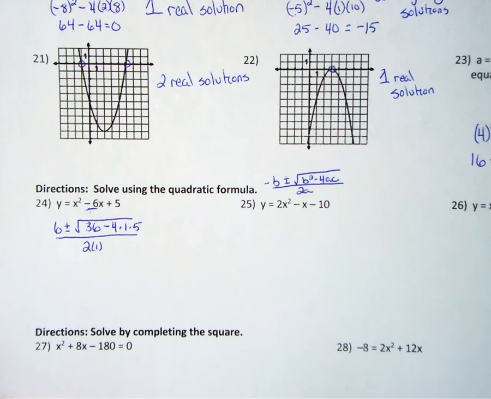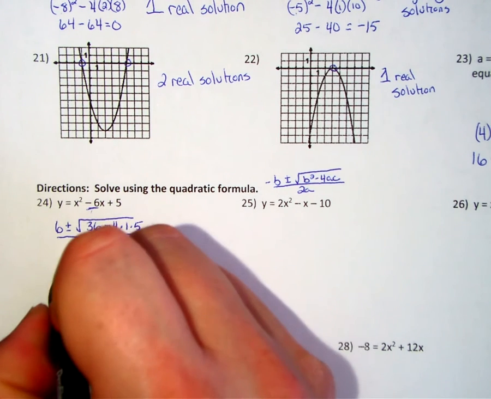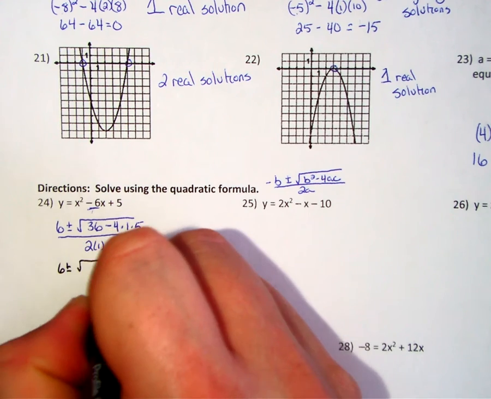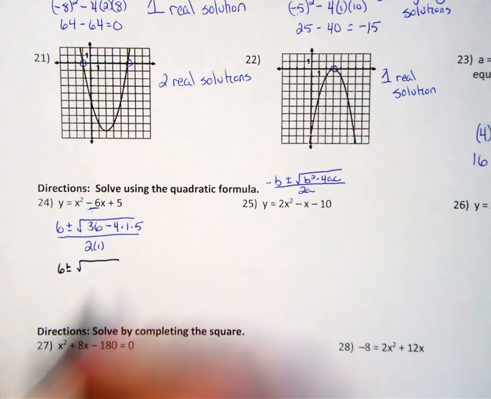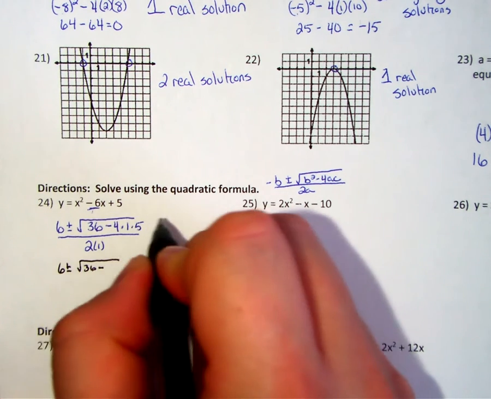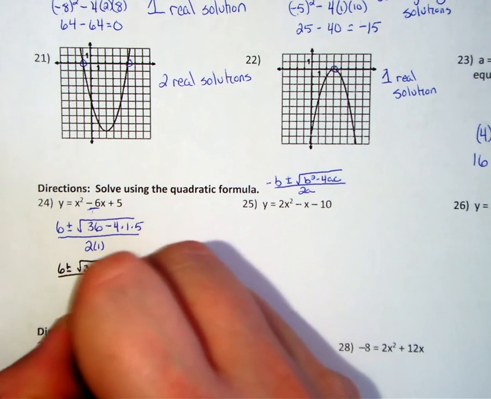Well, let's clean this up a bit. We have 6 plus or minus the square root of 36 minus 4 times 1 is 4 times 5 is 20 divided by 2.